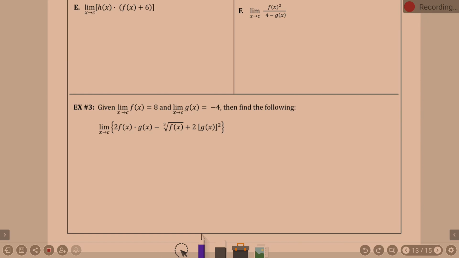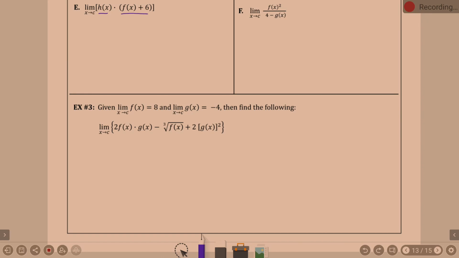The limit as x approaches c of h of x times, and what's it times? f of x plus 6. So realize there is kind of a distributive thing happening here, although I'm not actually going to distribute because I'm just going to do the math. How do I write this? It's h of x times this.